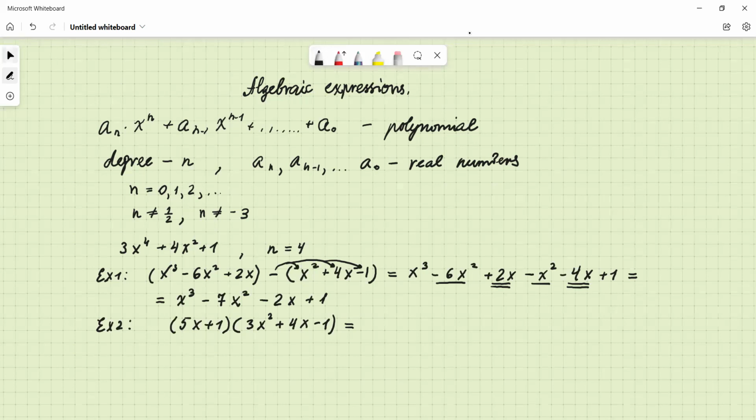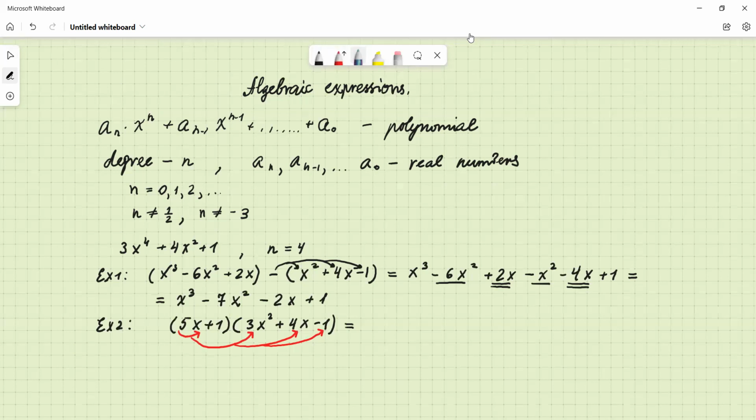So how do we open this parenthesis? First, I'm going to take 5x and multiply it by every term of my second polynomial. So it's going to be 5x, sorry, it should not be this. I'm going to change my marker. I think it put too many arrows.